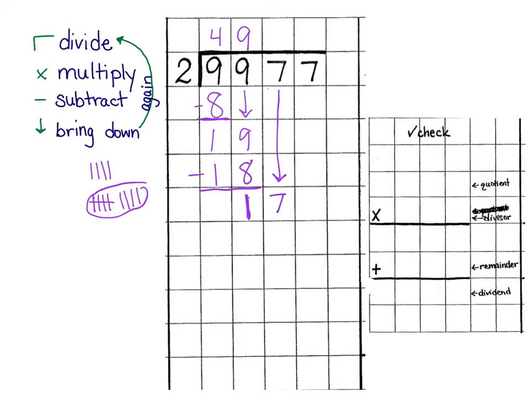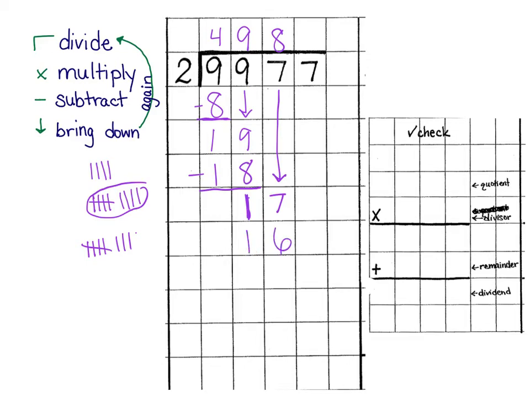Now we need to find out how many groups of 2 are in 17. 2, 4, 6, 8, 10, 12, 14, 16, 17 will be the next one. So there are 8 groups of 2. 8. Now that we've divided, 8 times 2 is 16.